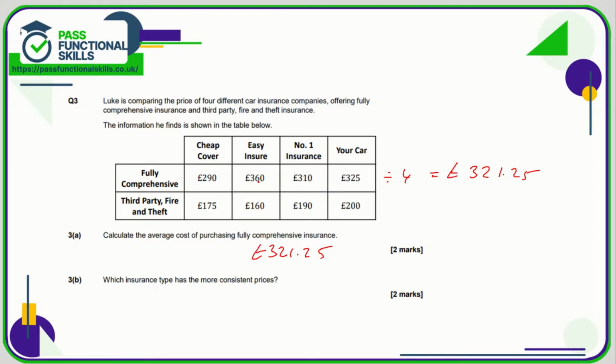So again, we're comparing the ranges. So the range for fully comp is 360 minus 270, that is a range of 70. Whereas for the third party fire and theft, that is 200 minus 160, which is 40. So the one that is more consistent is the third party because it has a smaller range.